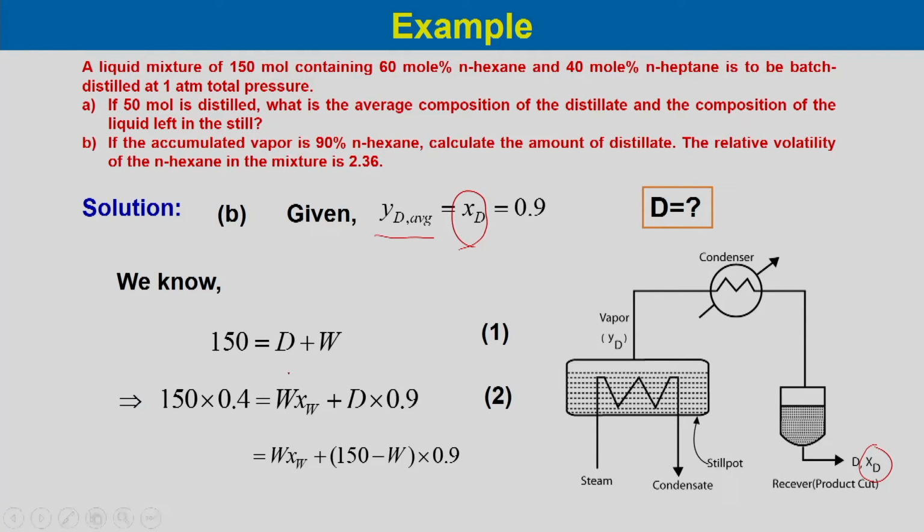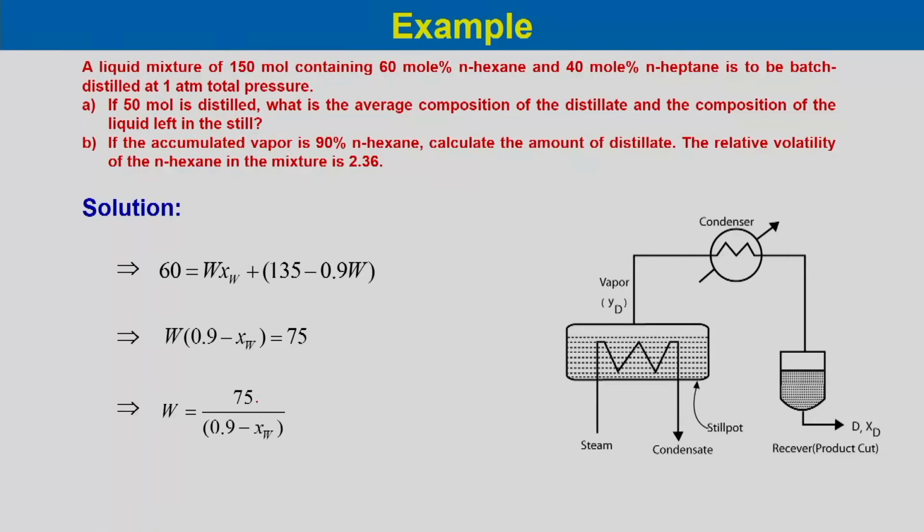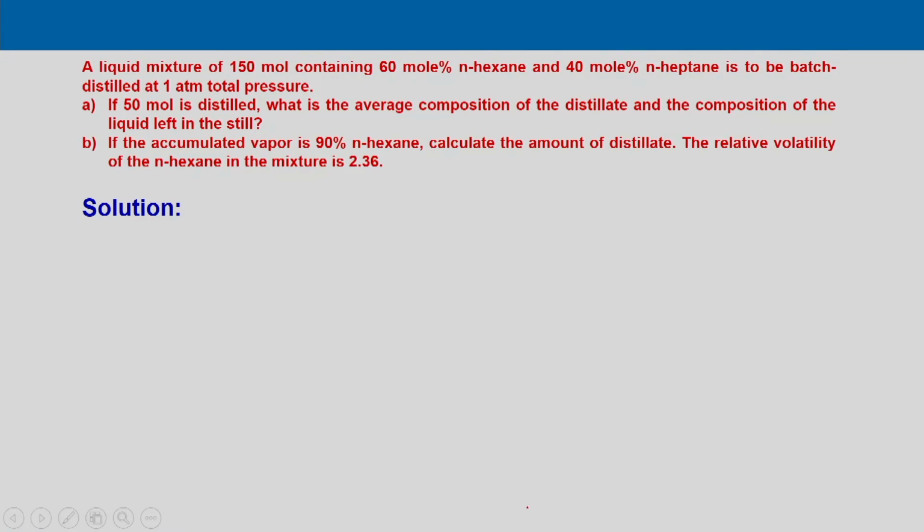Now, if we substitute here, D would be 150 minus W, so in place of D it is (150 minus W) into 0.9. Now, if we solve it, 60 would be equal to W XW plus 135 minus 0.9 W. After solving, it will give W would be equal to 75 divided by (0.9 minus XW).